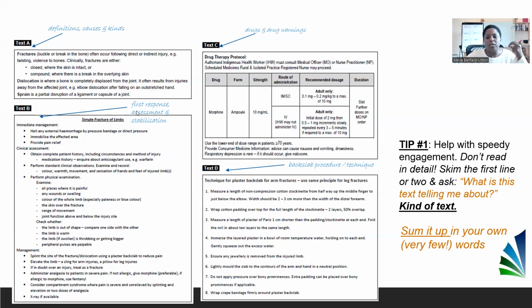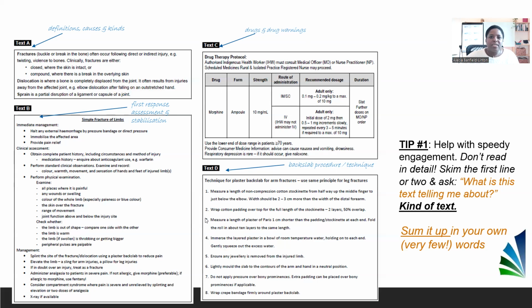For text C, because of all the information I saw here, I put drug and drug warnings, because I saw the drug dosages and I saw the warning down here about things that can go horribly wrong. And then text D. From skimming, I realized, oh, this is a step-by-step procedure or technique.